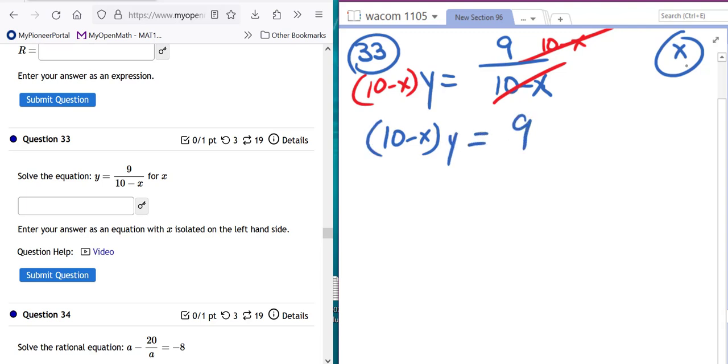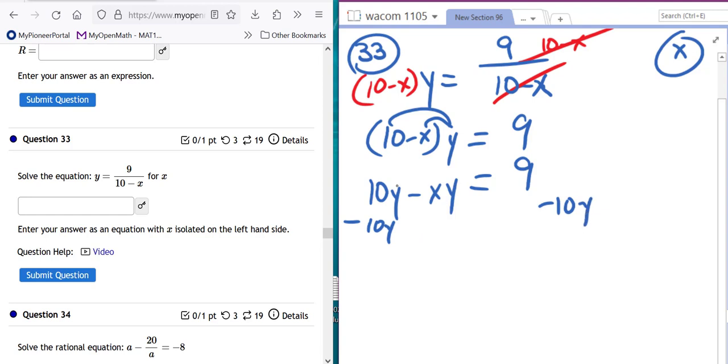We are solving for x. Since it's inside the parentheses, we have to distribute. So we have 10y minus xy equals 9. And now we want to get x by itself. So I'm going to subtract the 10y. So I get negative xy equals 9 minus 10y.